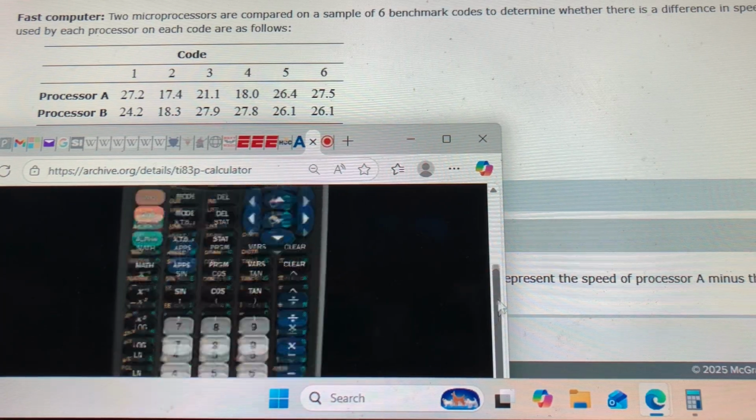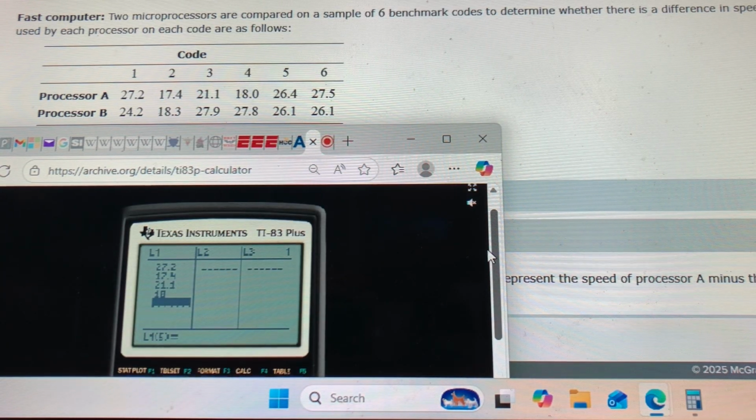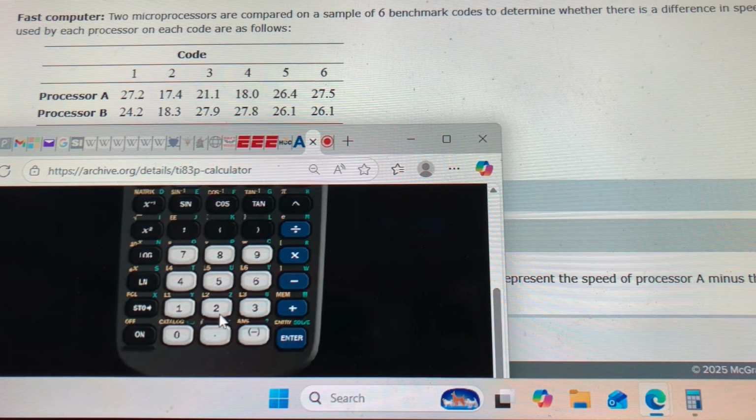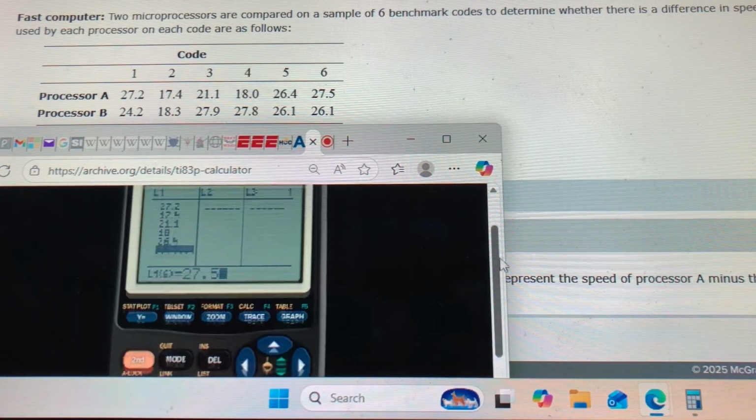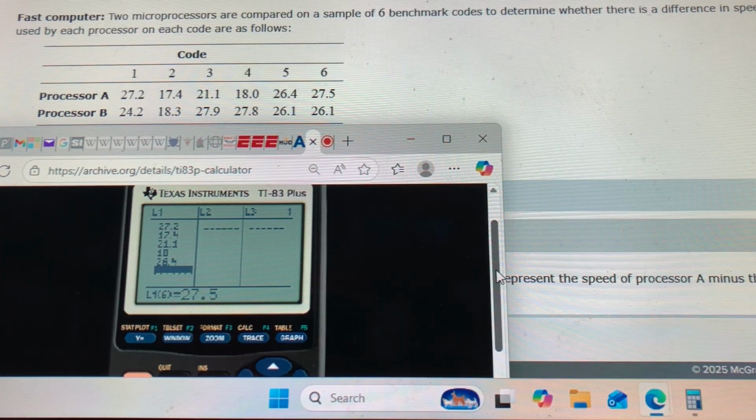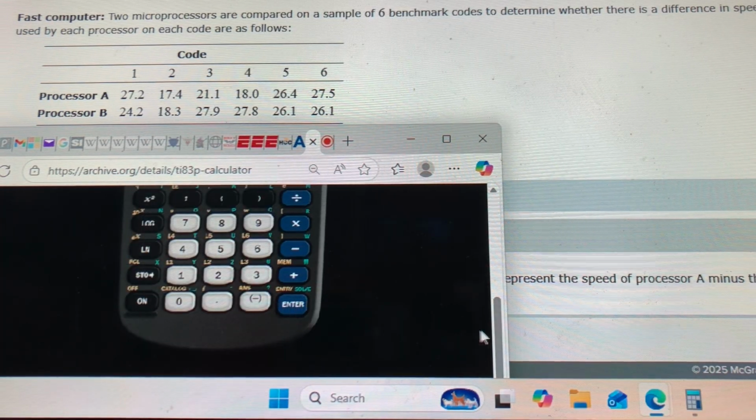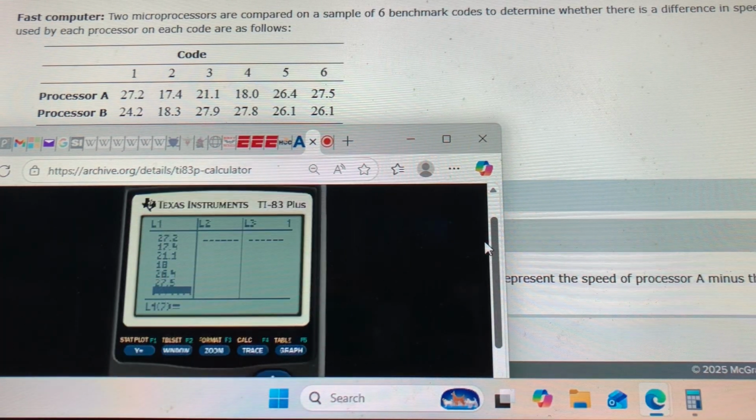Let me check those. 21.1 and 18, 26.4 and 27.5. Yep. So just 6 data points in L1.